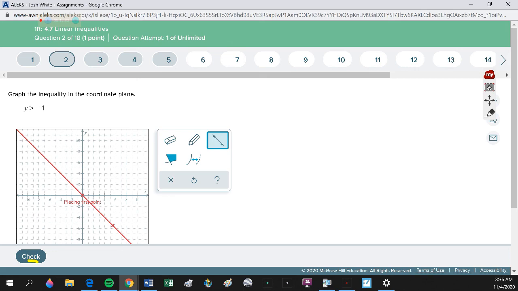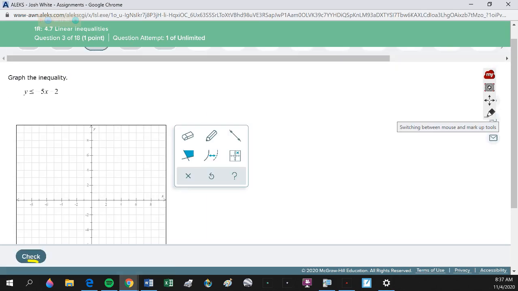This button will switch from solid to dotted. Okay, and then we want to shade up, so I use this to touch the shading side. Like that. Okay?